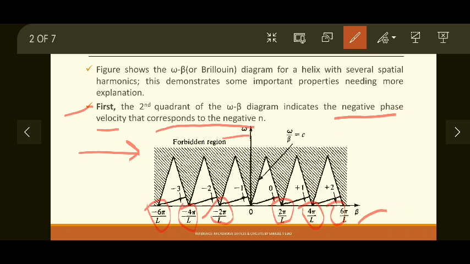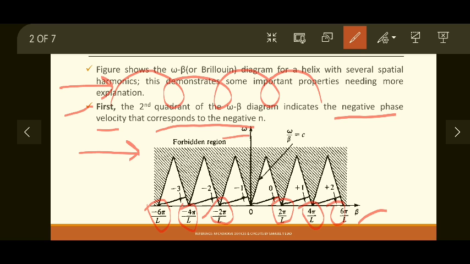Now negative third harmonic or negative first harmonic means it is associated with the negative phase velocity. Some electrons will be accelerated, some electrons will be decelerated in the electron beam. Similarly, the wave which is now propagating through the helical coil, in TWT wave propagates through the helical coil, similar to the electron beam, the wave inside a helical coil will also experience a negative phase velocity and positive phase velocity.